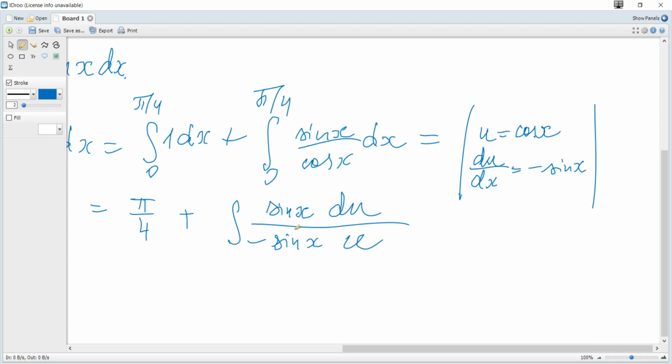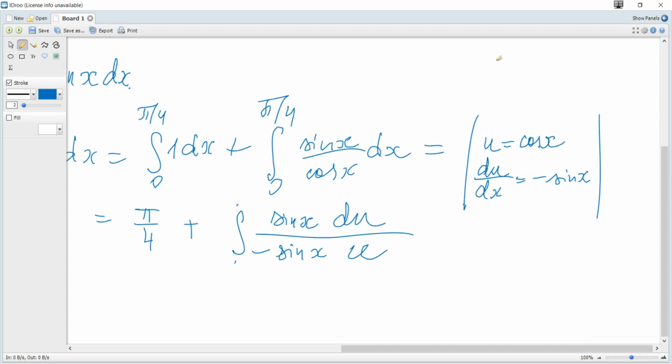We can find the limits in terms of u and then substitute, or we can get the integral in terms of u and then rewrite in terms of x and use the previous limits in terms of x. Let's find new limits. u1 is cosine of 0, which is 1, and u2 is cosine of pi over 4, which is 45 degrees, that's root 2 over 2. So it becomes the integral from 1 to root 2 over 2.